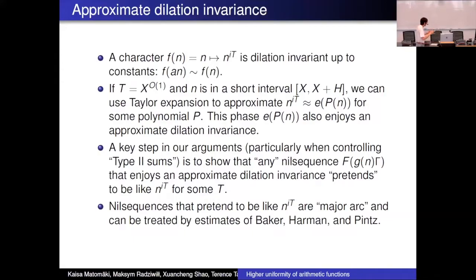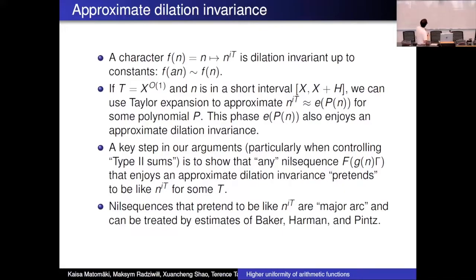But for type 2 sums, you do lots of Cauchy-Schwarz and so forth, and you find that the enemy is this: if your nilsequence pretends to be multiplicative, then there's a problem. But if your nilsequence does not pretend to be multiplicative, then Cauchy-Schwarz is pretty effective. This is something that Vinogradov knew ages ago.